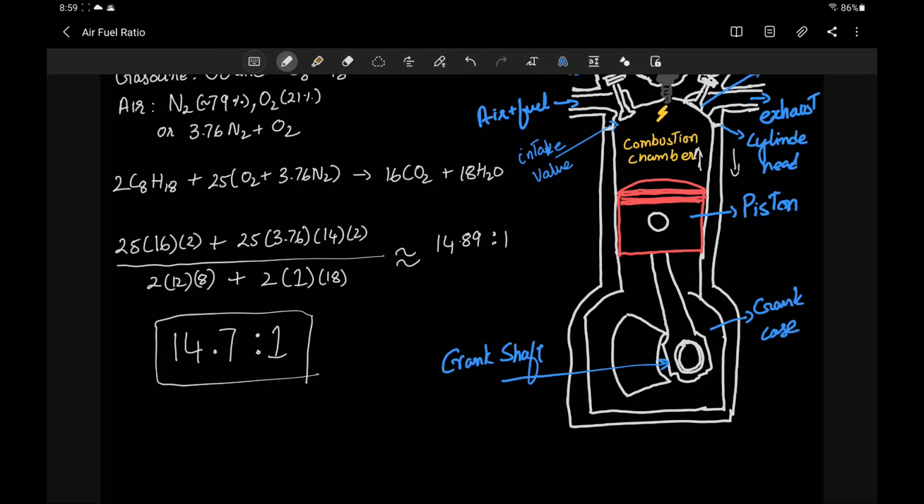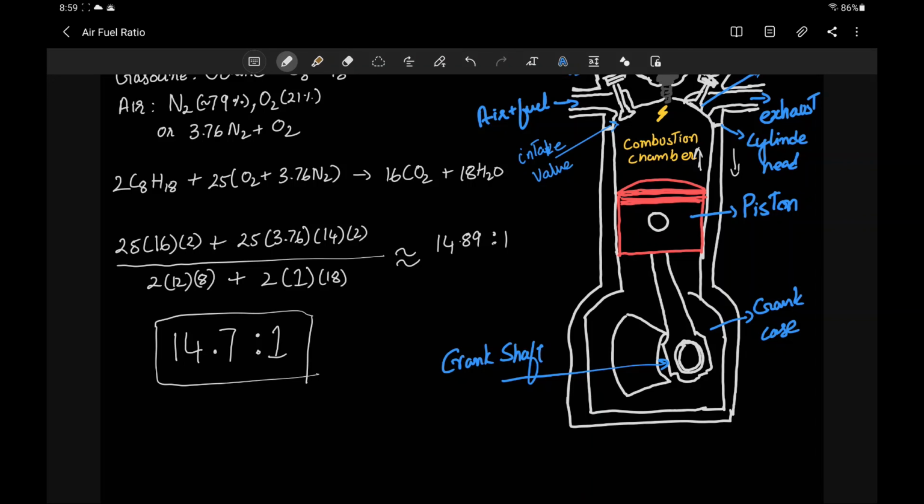That means that's stoichiometric. You need 14.7 parts of air for 1 part of gasoline for optimal combustion, so that you don't have any more nitrogen.